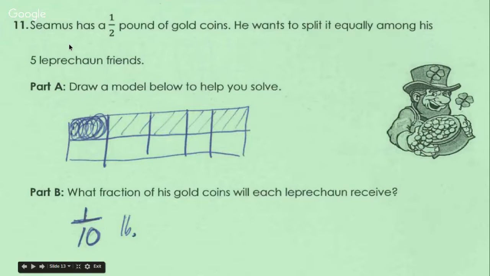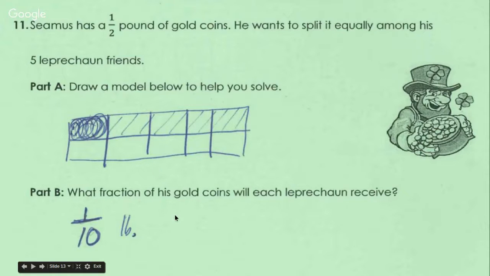The question is how big, or what is the size of each piece. So if we're talking about 1 piece out of all these total pieces, each leprechaun is going to get 1/10 of a pound. Now, of a pound of gold coins, or however you might have phrased that, is fine, as long as you had this pound label. That was the big thing there, since we're talking about pounds of gold coins.